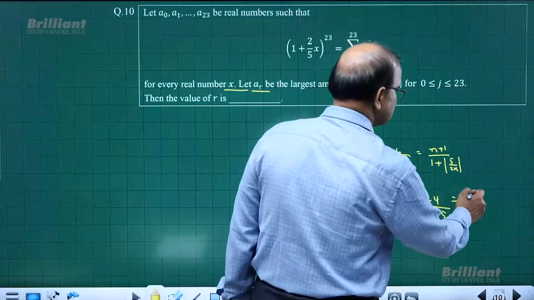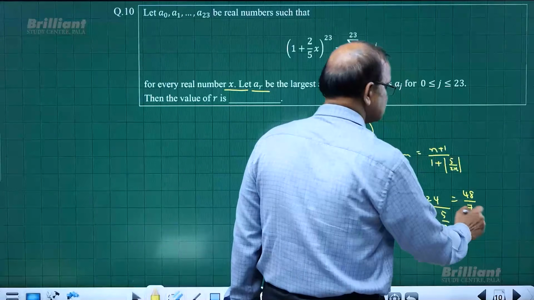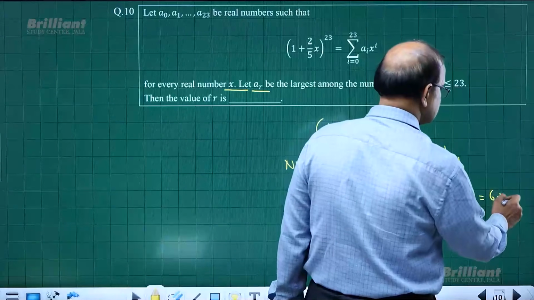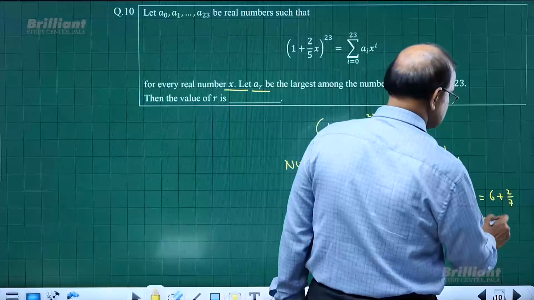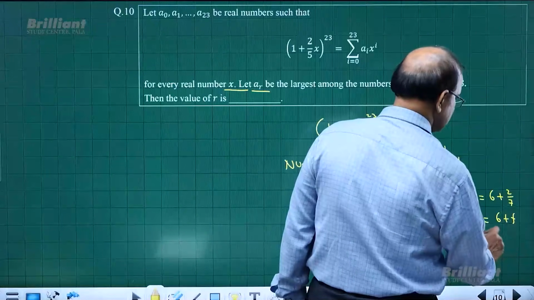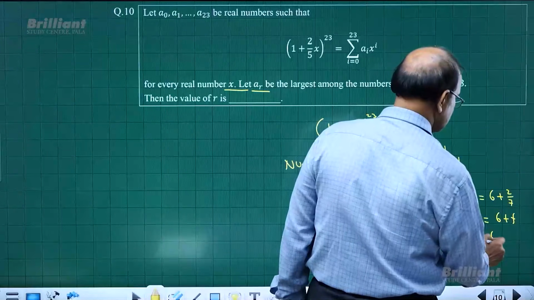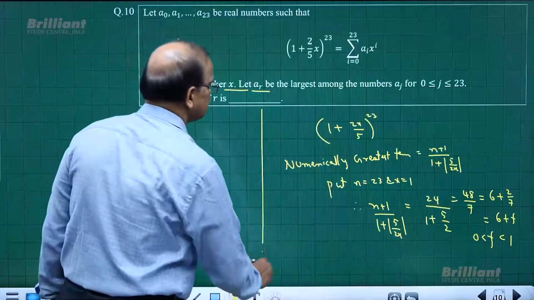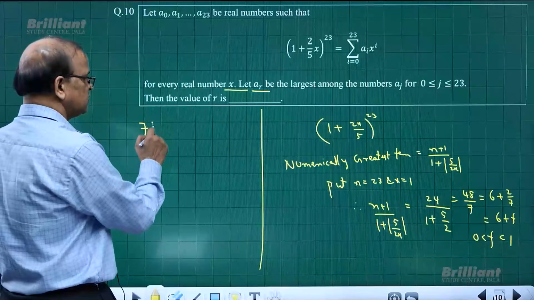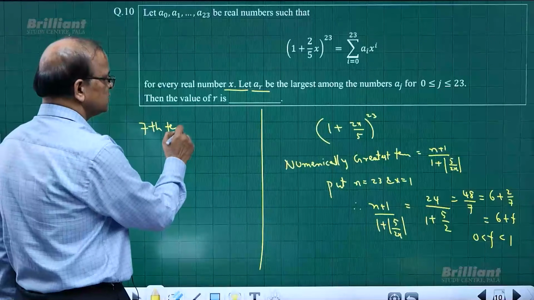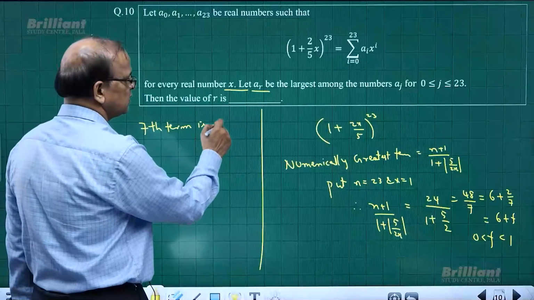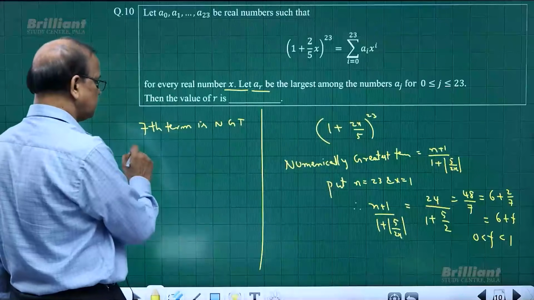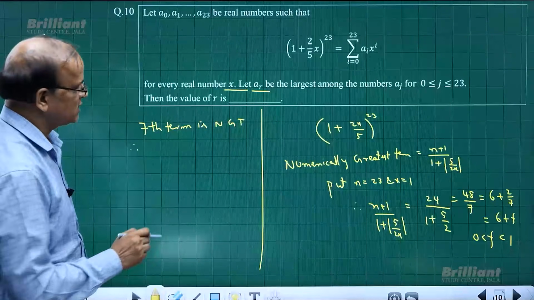This is what? 48 by 7. So it is what? 6 plus 2 by 7. This is what? 6 plus f, f is between 0 and 1. So therefore the seventh term is numerically greatest term.